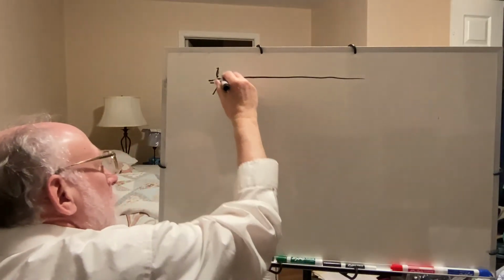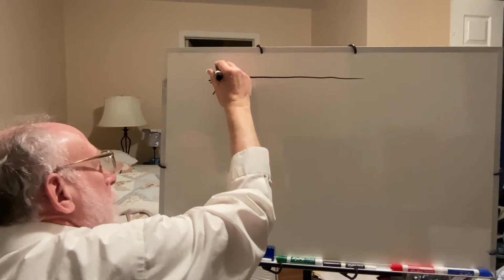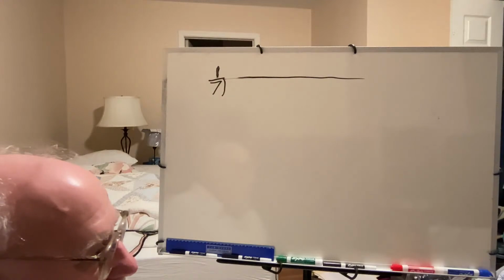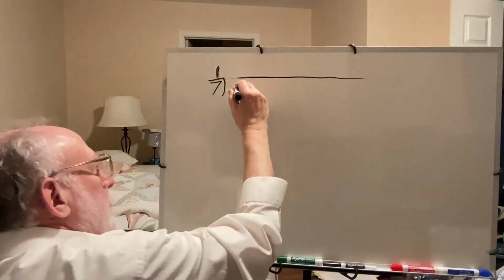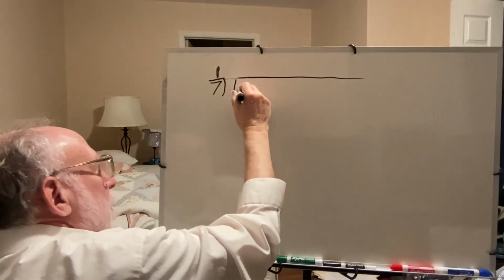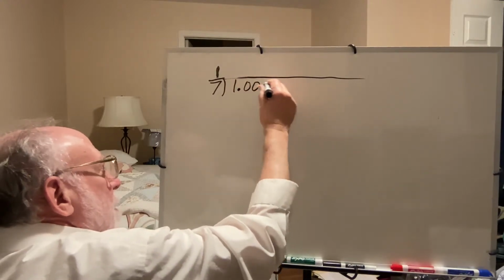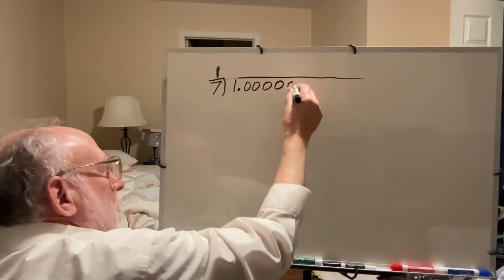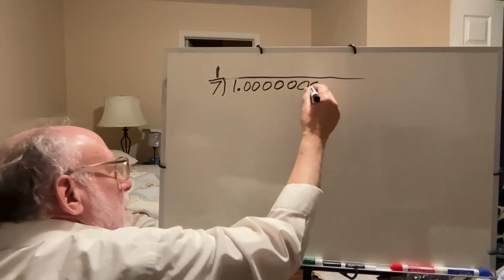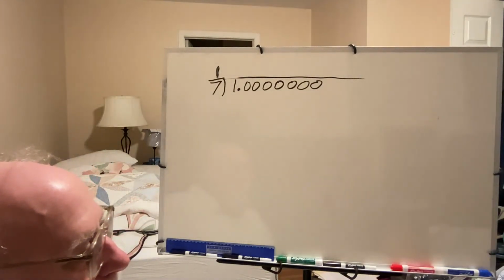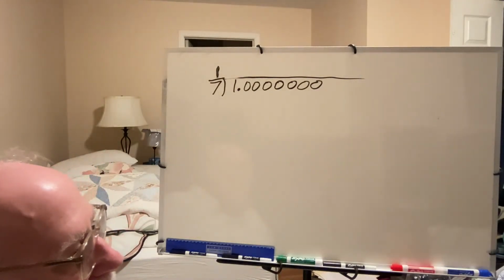This 1/7 is in lowest terms, it's not 2/14 or something else. So you put the numerator in over here, it becomes the dividend. Now, all these decimal expansions of rational numbers, ratios of integers, are periodic. I won't define it. We'll see it.